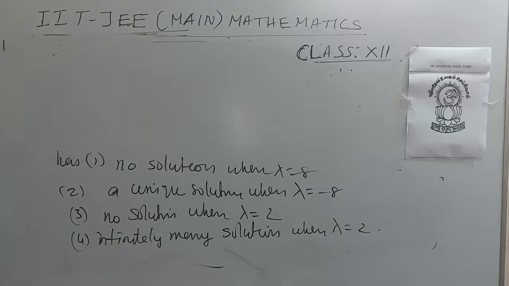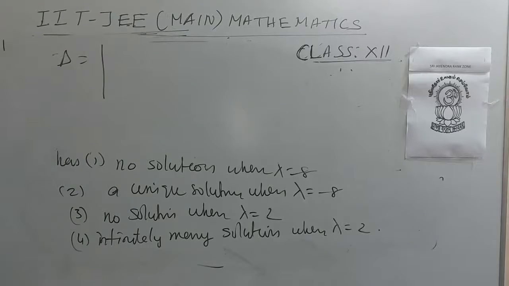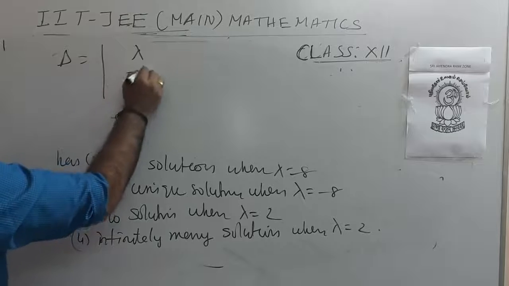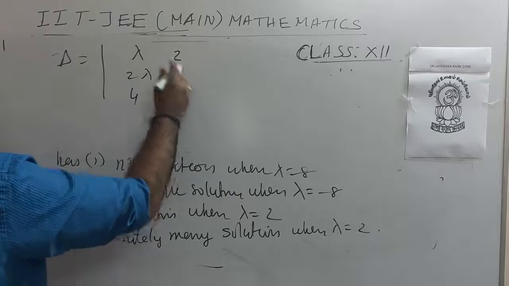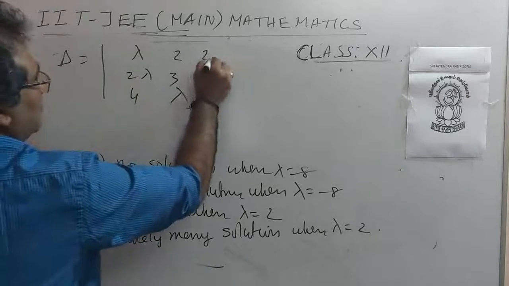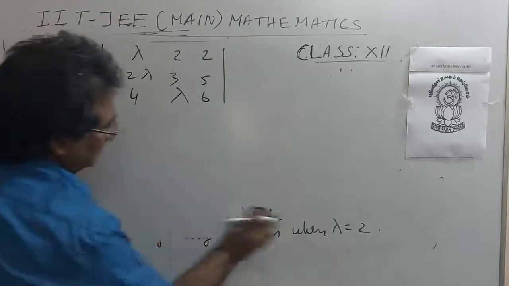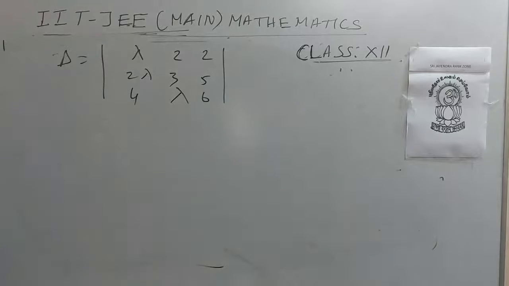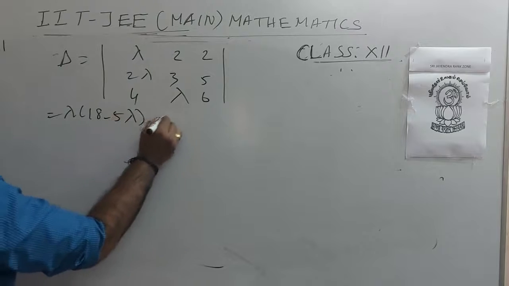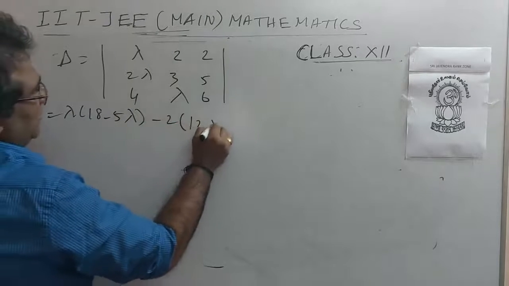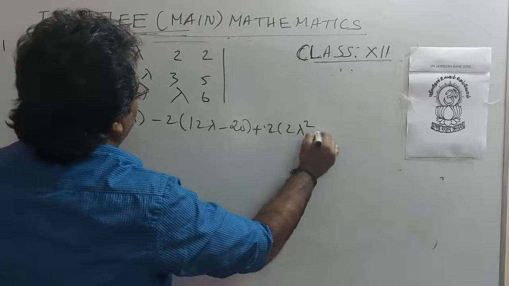Delta is the determinant [lambda, 2, 2; 2 lambda, 3, 5; 4, lambda, 6]. Just expand: lambda times (18 minus 5 lambda) minus 2 times (12 lambda minus 20) plus 2 times (2 lambda squared minus 12).